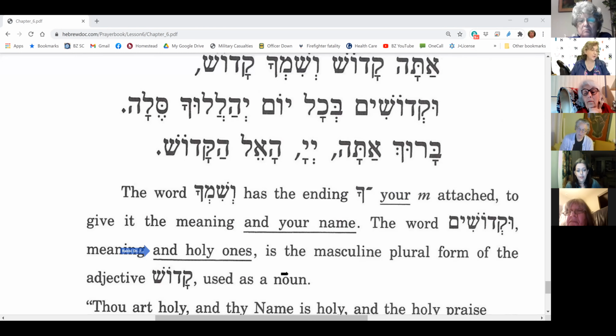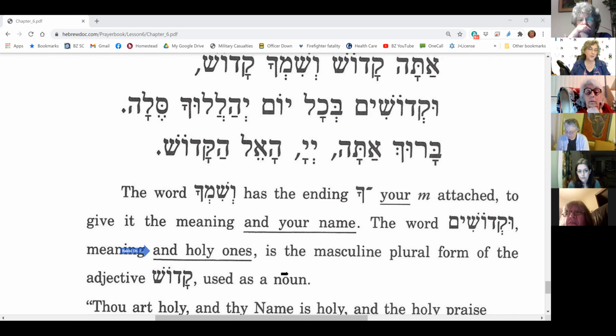This underlined thing, ukedoshim, it's not saying the holy ones here. So someone took some license to say kedoshim means the holy ones and not just any old holy ones. We are in some sense being definite.